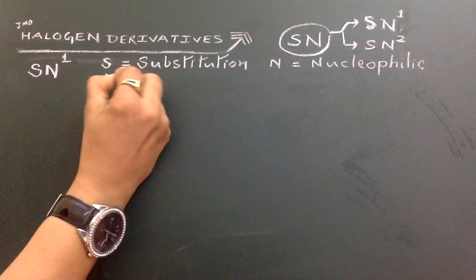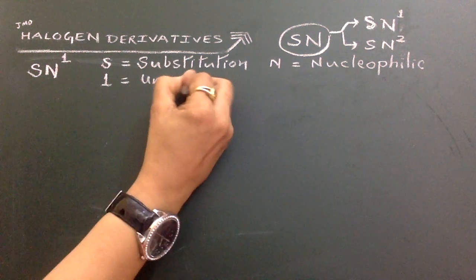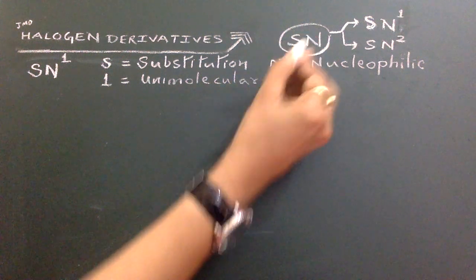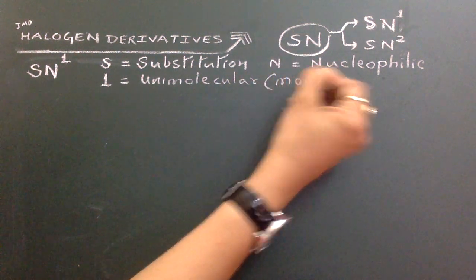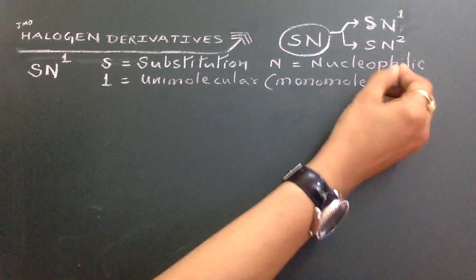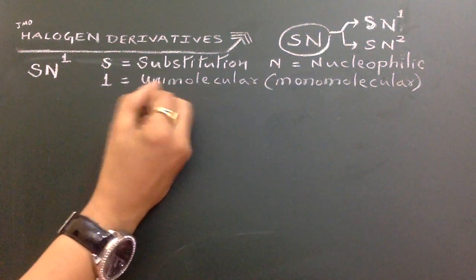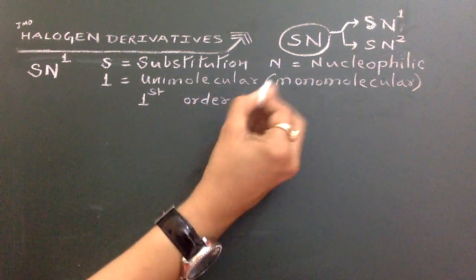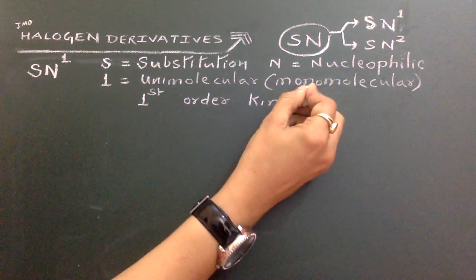And 1 simply indicates unimolecular, that is monomolecular, or first order kinetics, a reaction having first order kinetics.